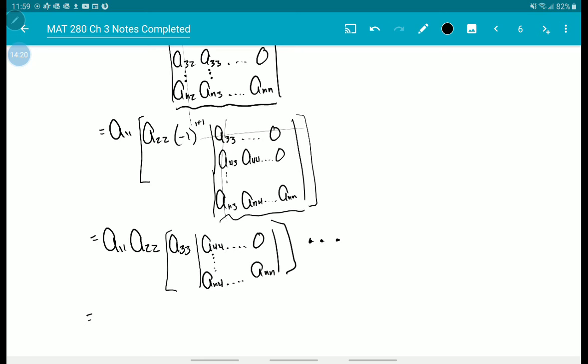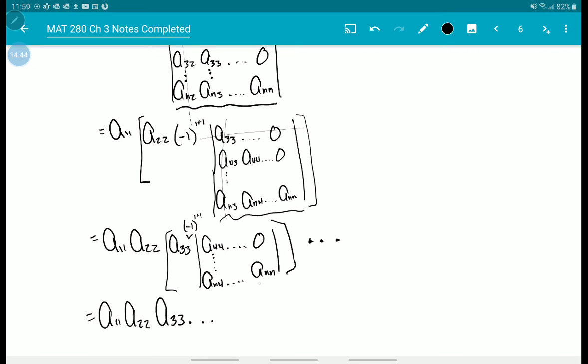So then eventually what would happen is we would get down. So we're showing a pattern here. And that's a good thing to do when you're trying to do some kind of proof. Remember, this was a33 times negative 1 to the 1 plus 1, which is a positive 1. I left that piece out because we already knew it was going to be positive.